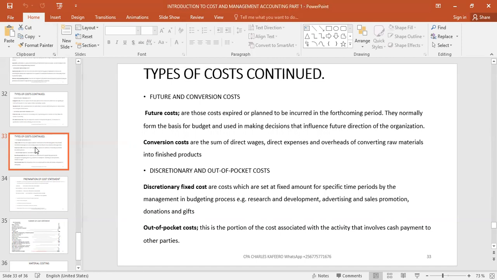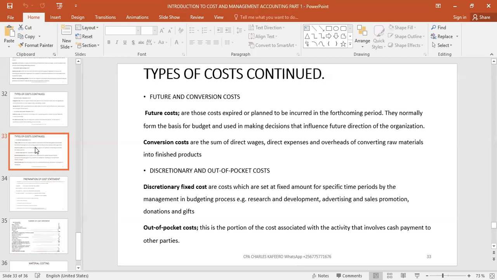Then the other one, we have the conversion costs. The conversion costs, these are costs that are incurred to convert raw materials into finished products, and they include all those costs that are incurred in the production except the cost of raw materials.